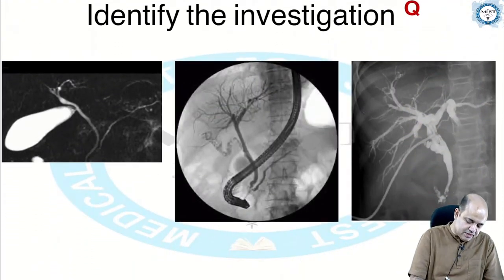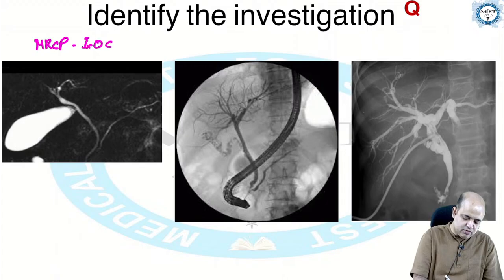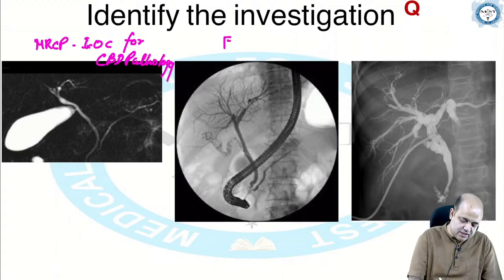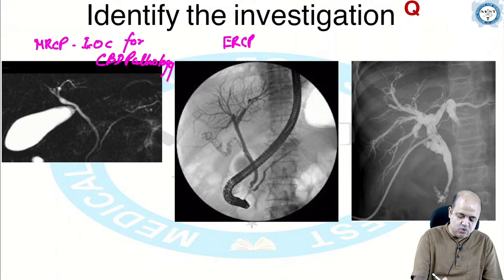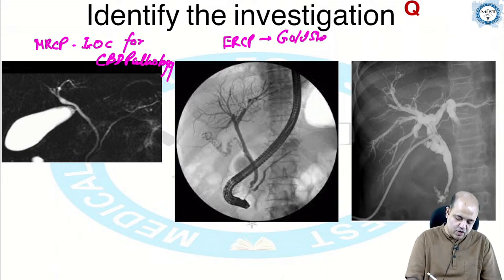This is an MRCP image. MRCP is the investigation of choice for CBD pathology. This is ERCP. This is the gold standard for biliary tract pathology. And how do we identify?